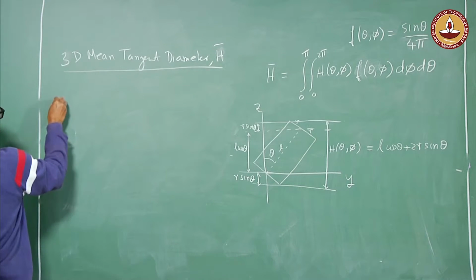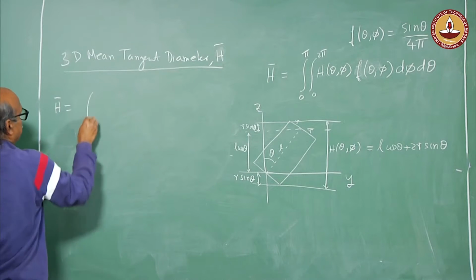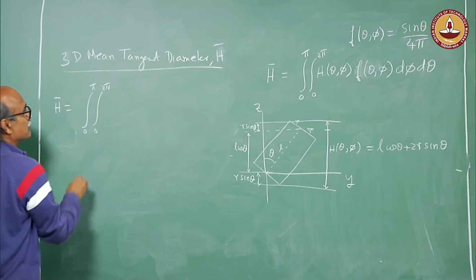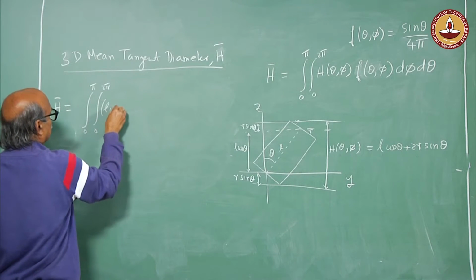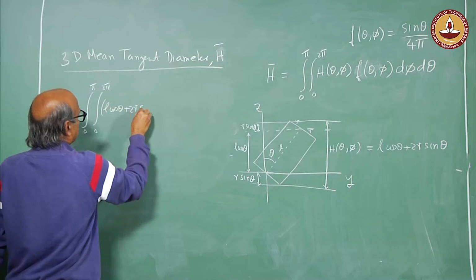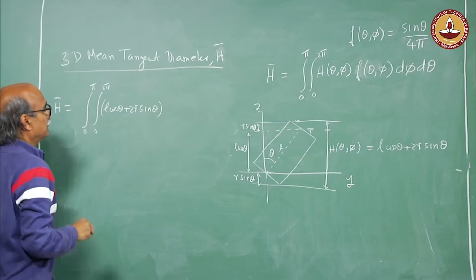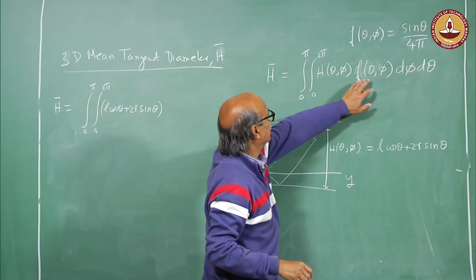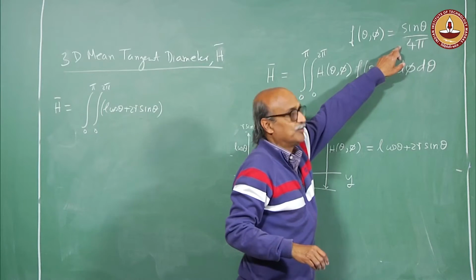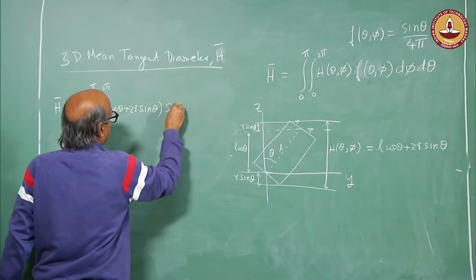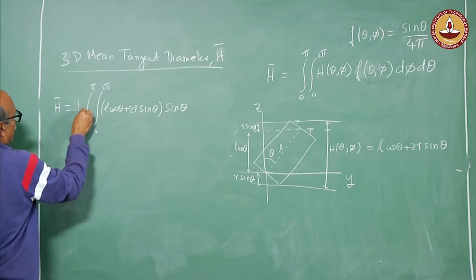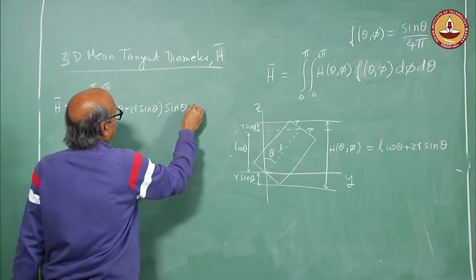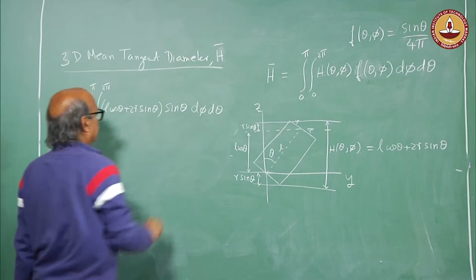So, h bar, so I substituted h theta phi, I substitute f theta phi with sin theta upon 4 pi. So, sin theta will come here and 1 upon 4 pi I can take outside the two integrals being a constant, d phi d theta.